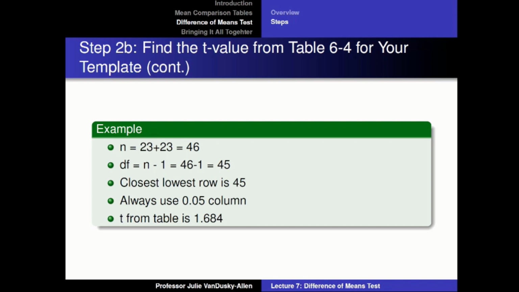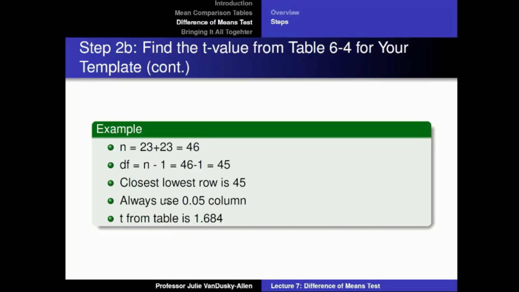So applying this to our example, we had 46 observations, 23 for Democrats and 23 for Republicans. So 46 minus 1 is 45. So our degrees of freedom row is 45, but there is no 45 row.